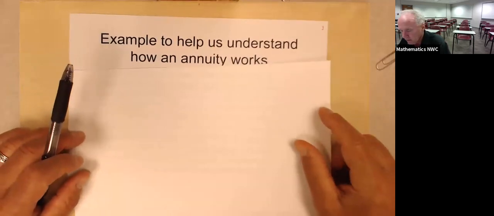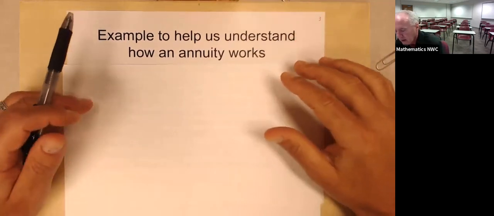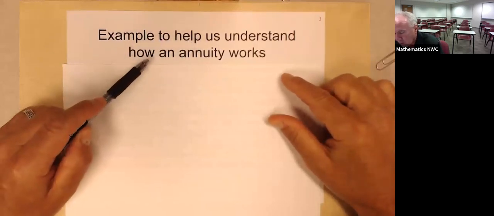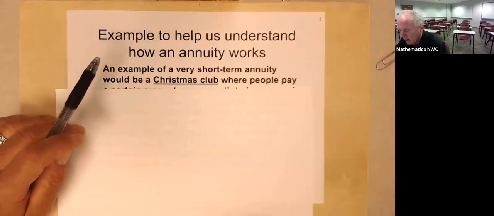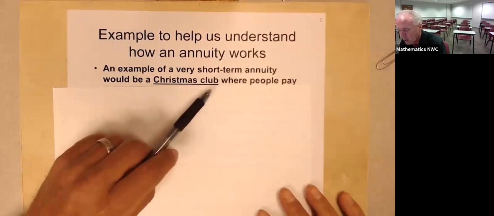This example is not super practical, but what it's designed to do is to help us understand how an annuity works, okay? So I'm going to look at an example of a very short-term annuity.